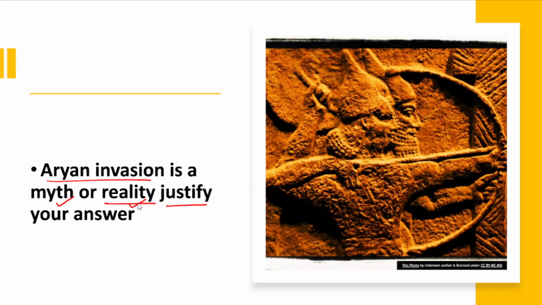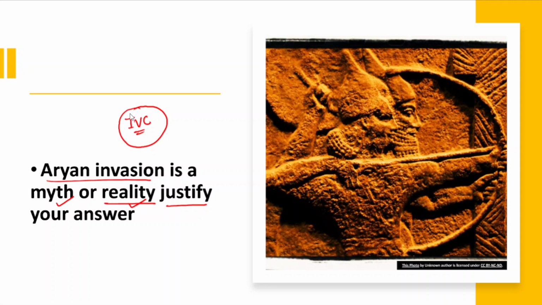It is very often held that the reason for the decline of the Indus Valley civilization is the Aryan invasion. They had swift-moving horses and much more advanced weaponry than the people living in the Indus Valley civilization.